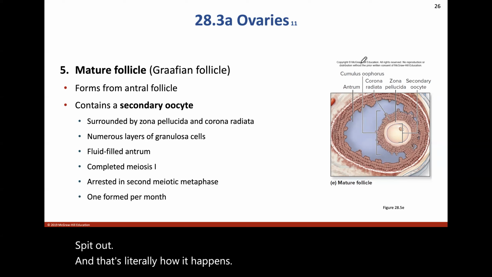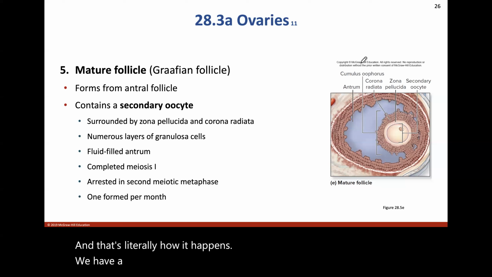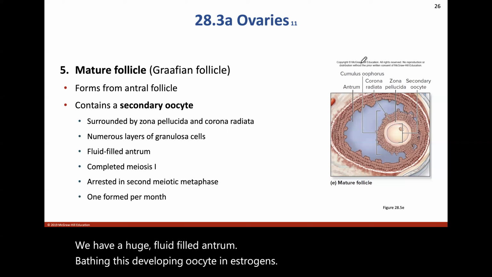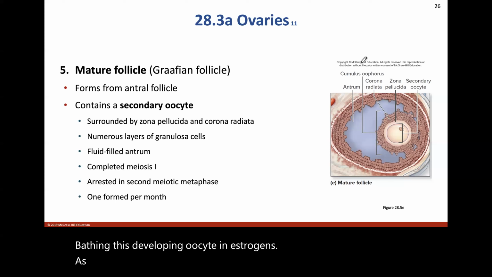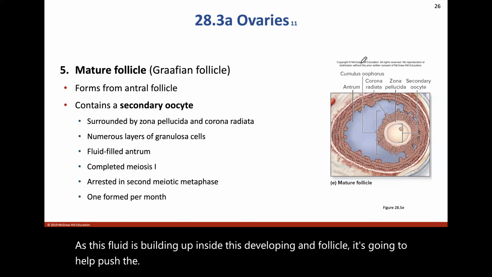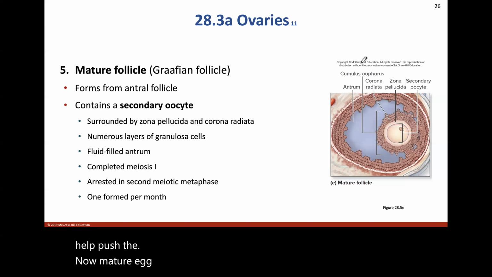We have a huge fluid-filled antrum bathing this developing oocyte in estrogens. As this fluid is building up inside this developing follicle, it's going to help push the now mature egg towards the periphery of the ovary.